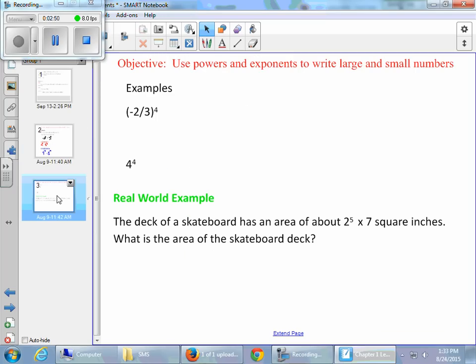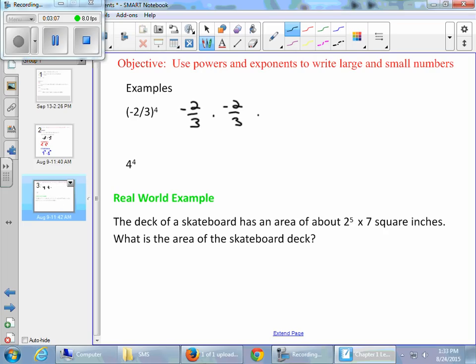And our last one, we have a couple more examples. We have -2/3 to the fourth power. So what that's telling us, we have -2/3 times -2/3 times -2/3 times -2/3. We have 4 of them.